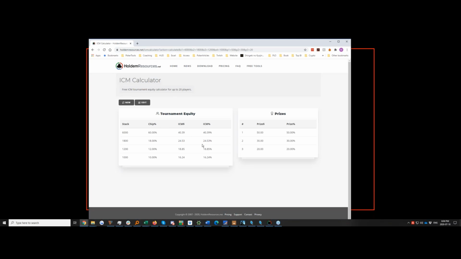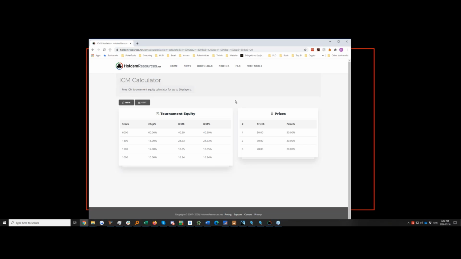So here the chip leader's stack is only worth $40, and something that is really interesting is that the shortest stack here only has 1,000 chips, right? But his stack is worth $16, not $10, because he still has a shot at cashing or even winning the tournament.